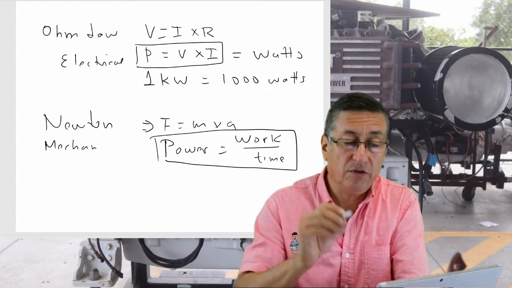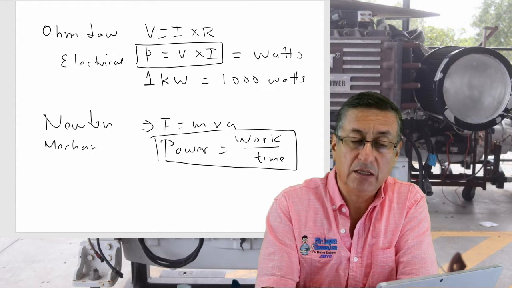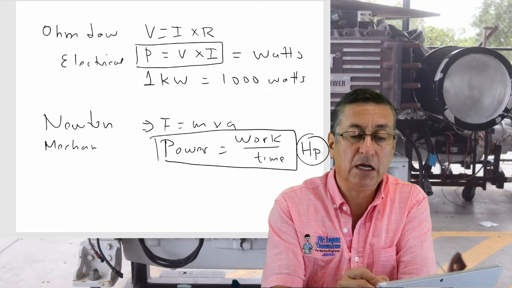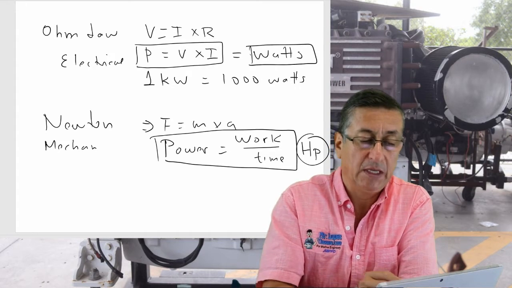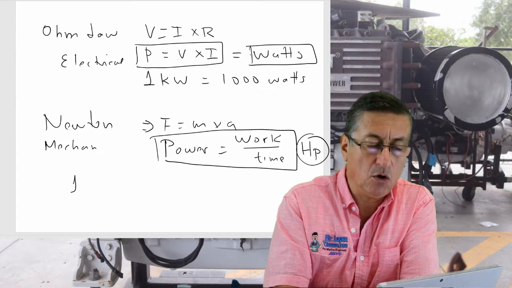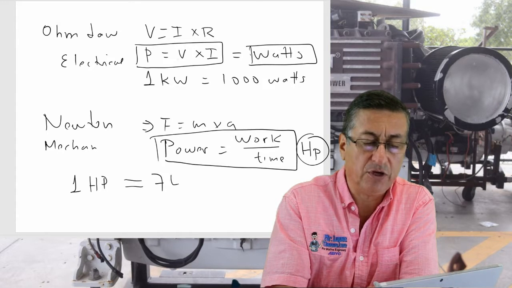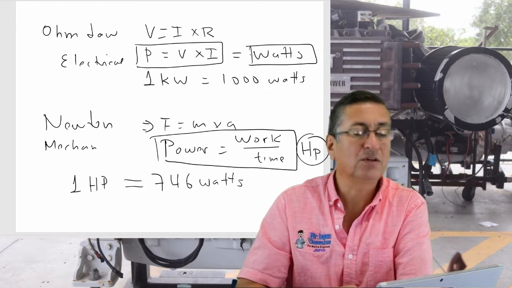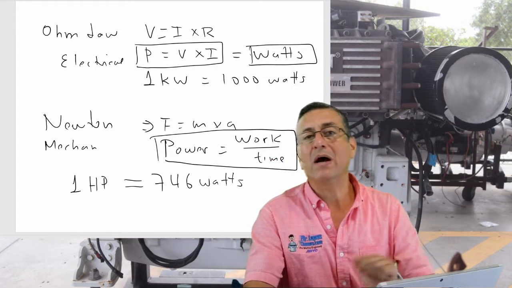What is the unit of the mechanical power? The unit is horsepower. And what is the unit for the electrical power? Watts. And the formula says that 1 horsepower is equivalent to 746 watts.